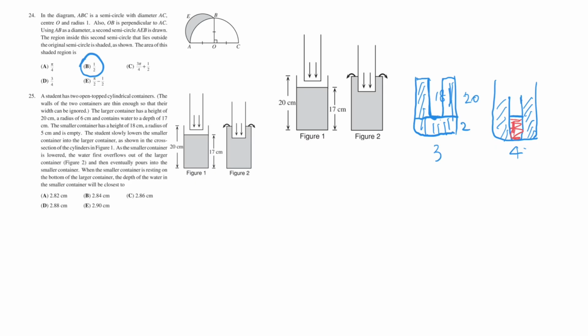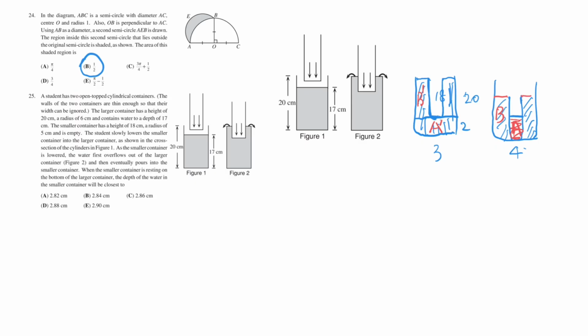If we use A to represent this part, it is the same as this A. From the left side, if this is B, it's the same as B prime. So A is A prime.